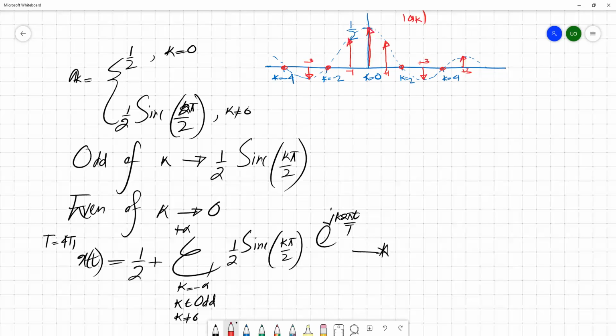For even values of k we have 0 coefficients, and for odd values of k we have magnitudes aligned with half sinc of k pi over 2. So this is the magnitude spectrum of the function x(t), which is a periodic function in a square wave manner.